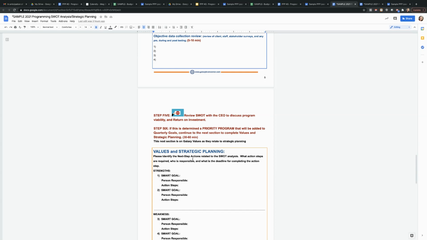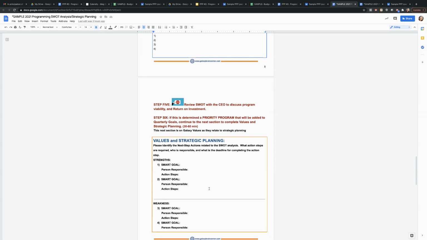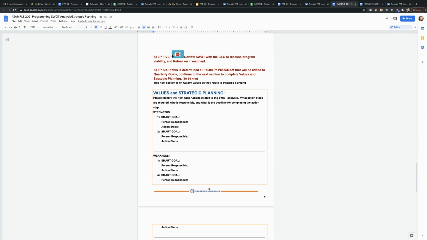Or maybe it is. And if it's determined that we keep going with this, then we're going to look at the strategic planning. What are we going to do to implement this? What are some goals we can set based on our strengths? In our weaknesses section, what are some goals based on the weaknesses we have and some things we need to do to address that?